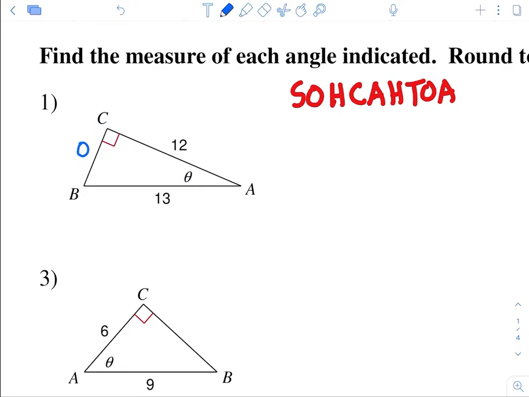So O represents the opposite side. This side right here is adjacent to theta, which is this angle measurement, and the one across from the 90-degree angle is your hypotenuse.